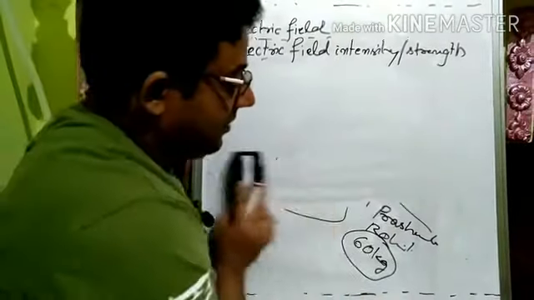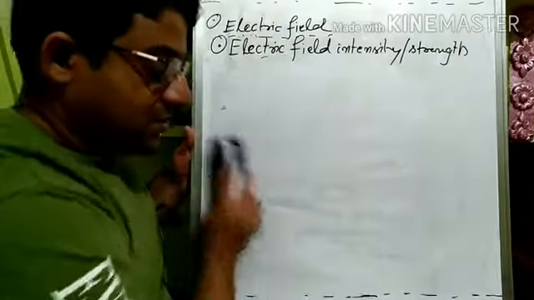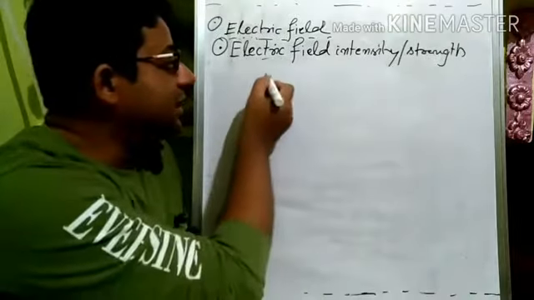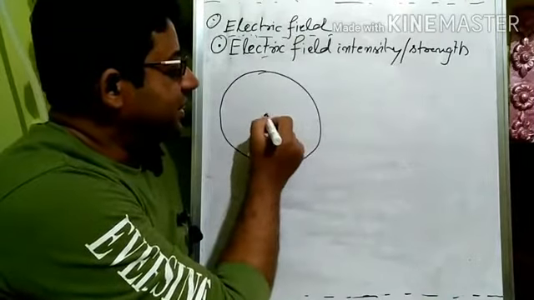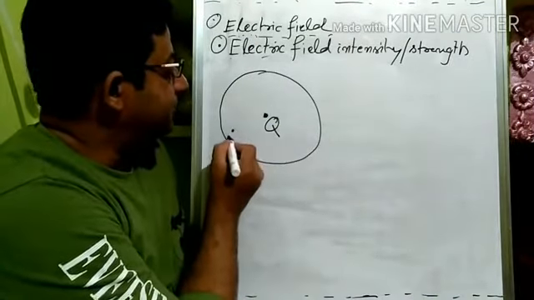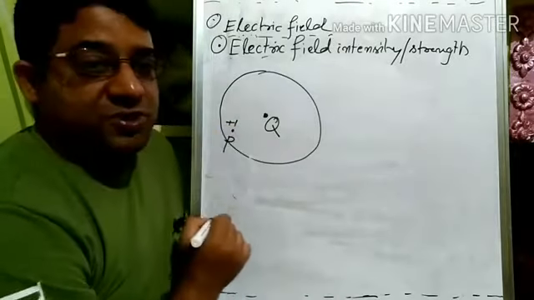Clear? Now let us write these things mathematically. This idea should be kept in mind, that we are measuring the electric field intensity due to Q at a point P. So at point P we placed a unit positive charge.